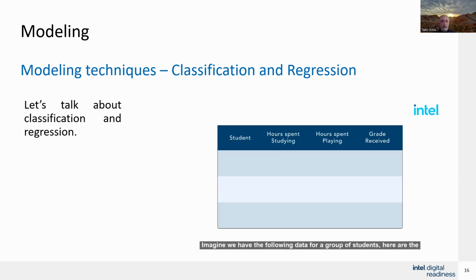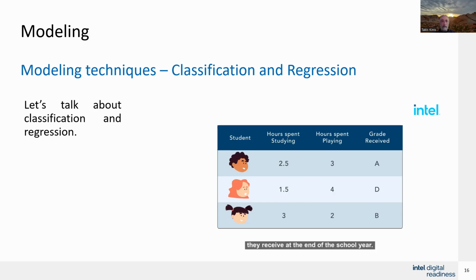Imagine we have the following data for a group of students. Here the amount of time spent each day in studying and playing is shown along with the grades they receive at the end of the school year. As you can observe, the grades they receive categorizes them into different groups. Data of this kind is known as categorical data. Categorical data is qualitative in nature, meaning that it denotes a quality or a characteristic rather than a quantity.